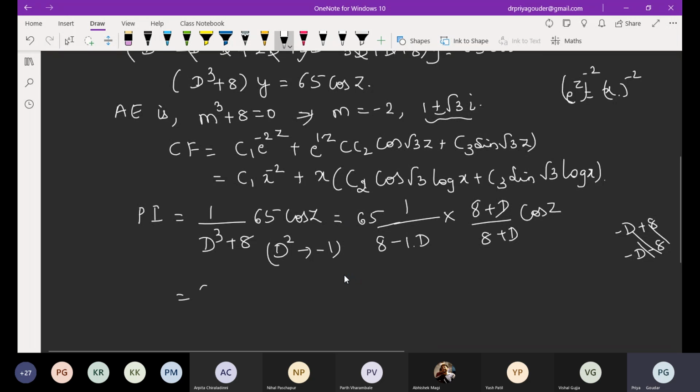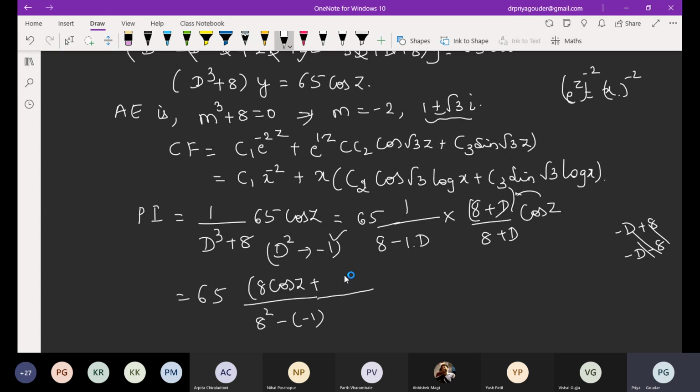This is 65. Again, the denominator is a square minus b square, and b square is replaced by minus 1, no? Again, 8 plus D is there. Take this cos inside. What will you get? 8 into cos z plus D operating on cos z, which is minus sin z.